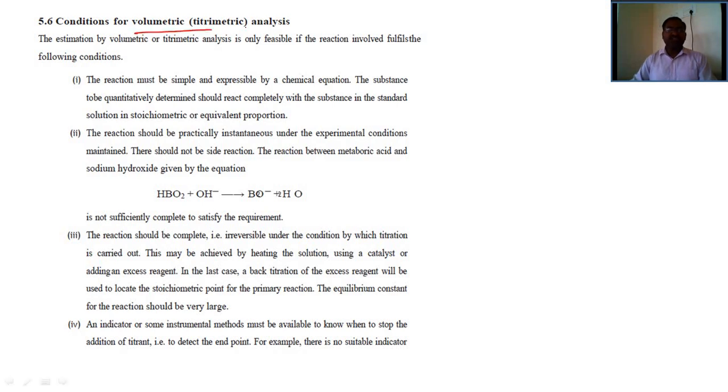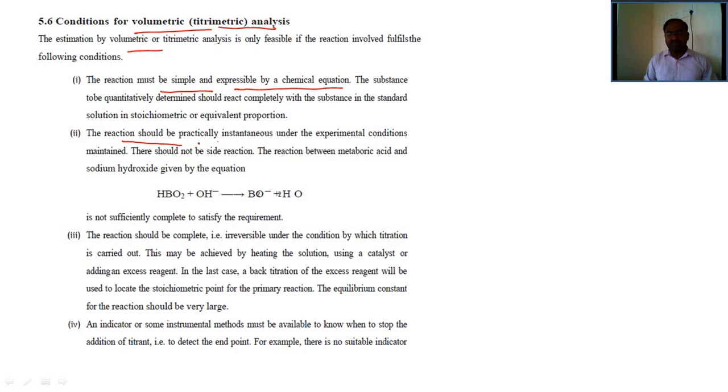The conditions for volumetric or titrimetric analysis. The estimation by volumetric or titrimetric analysis is only feasible if the reactions involved fulfill the following conditions. The reaction must be simple and expressible by a chemical equation.